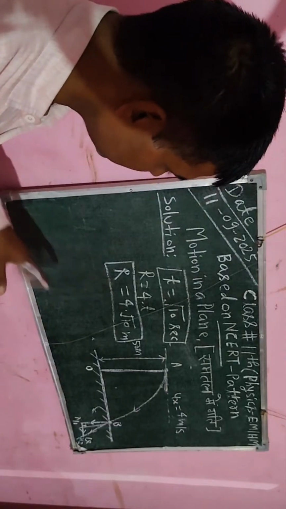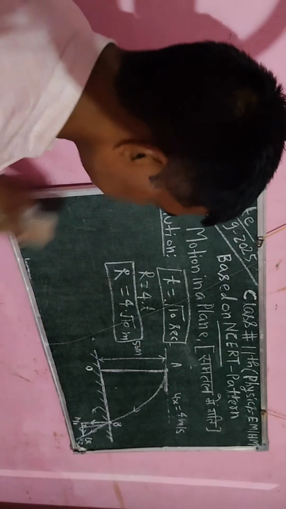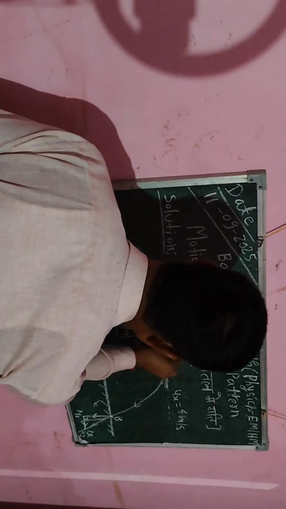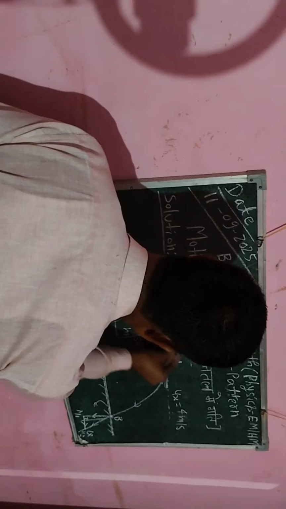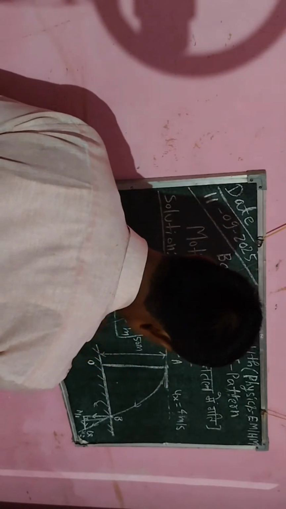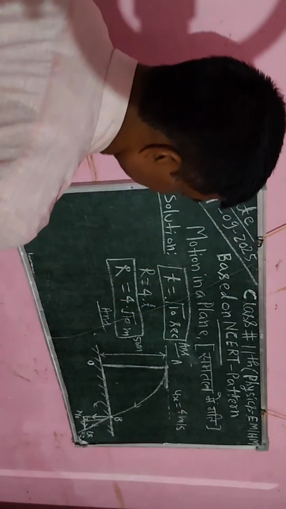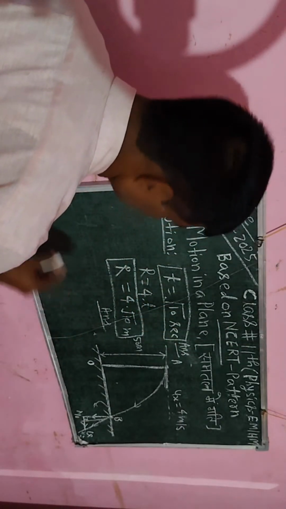Listen one by one and find its concept one by one, so that you can solve any other question which is parallel to this one. Okay, now we have to calculate the resultant vector.